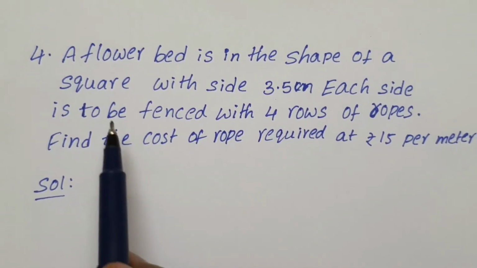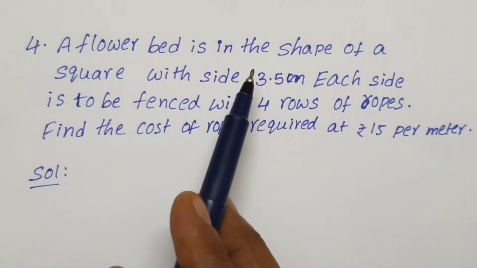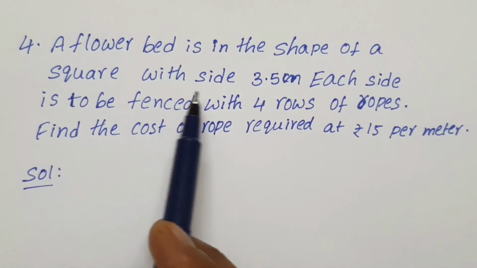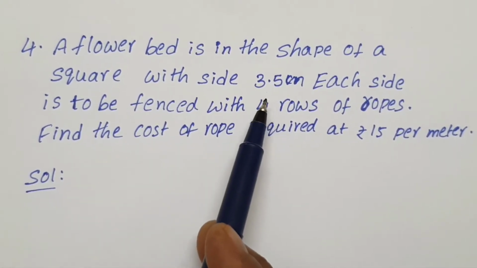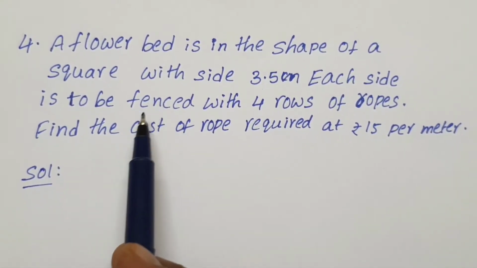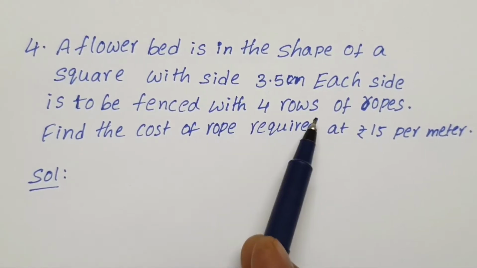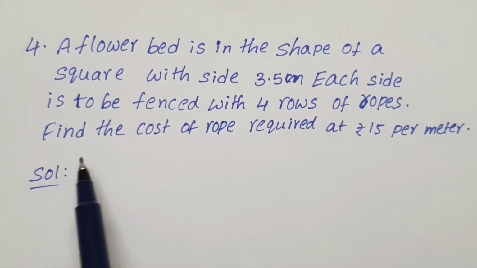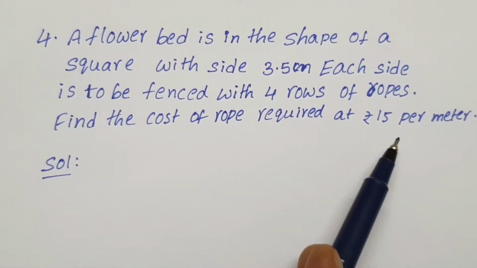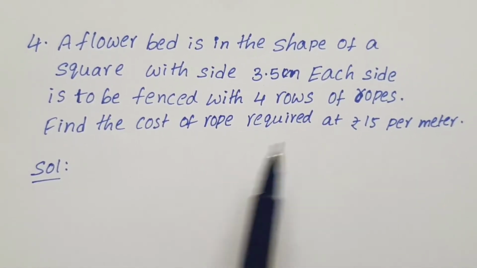Fourth question. A flower bed is in the shape of a square with side 3.5 meters. Each side is to be fenced with 4 rows of rope. Find the cost of rope required at 15 rupees per meter.